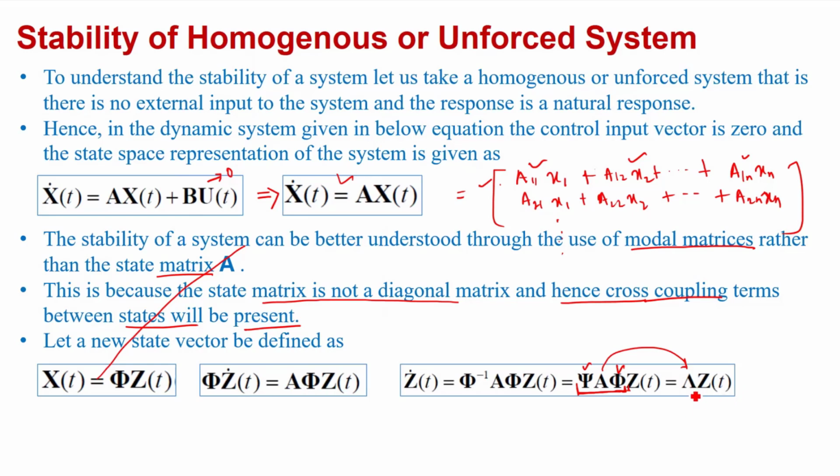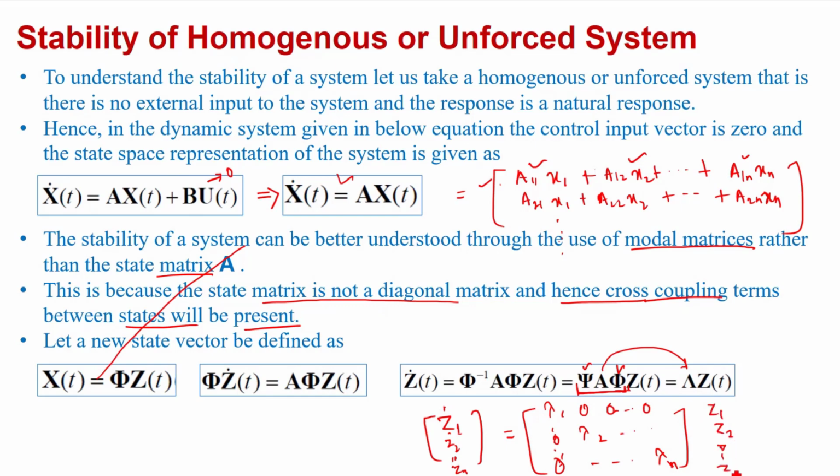Writing it in expanded form, z1 dot, z2 dot, up to zn dot equals the matrix with lambda 1, lambda 2, up to lambda n on the diagonal and all other elements 0, multiplied by z1, z2, up to zn.